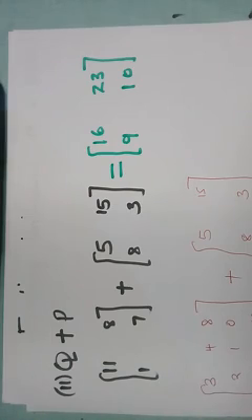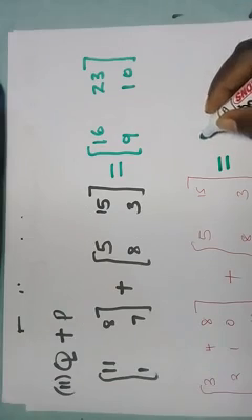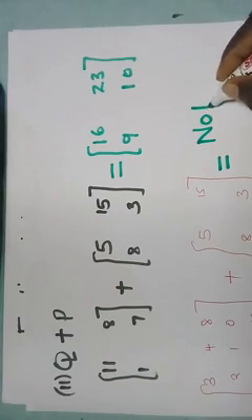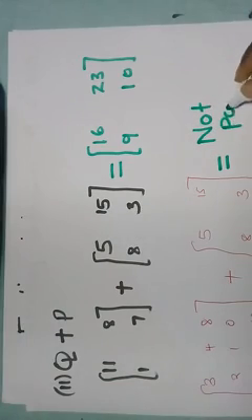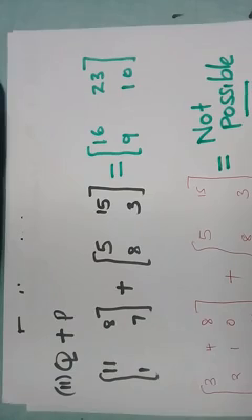Therefore, as you can see, they are not of the same order. Therefore, we say that this operation is not possible. This operation is not possible because these matrices don't belong to the same order.